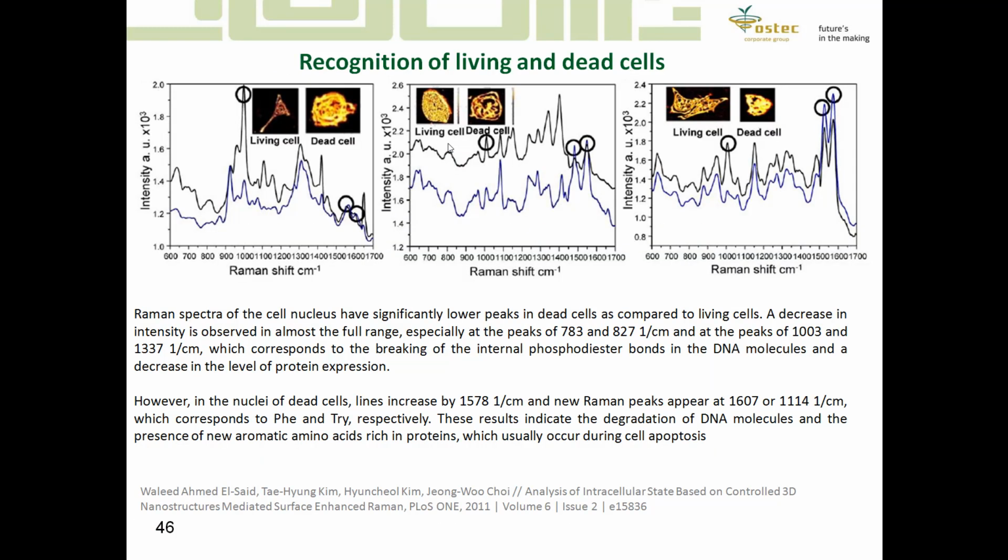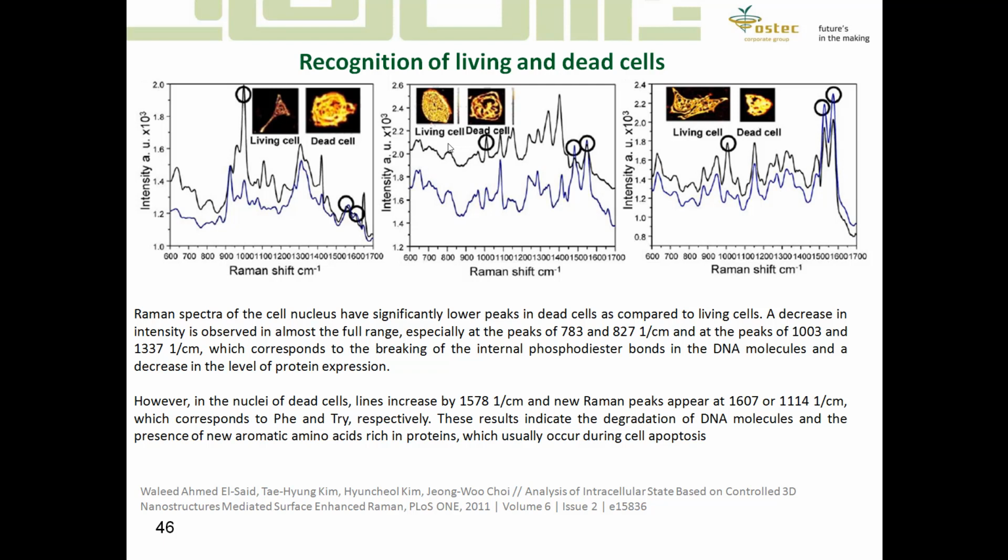So in living cells, the Raman signal is normally very weak, and we cannot apply strong excitation because living cells can be damaged by high intensity of the excitation laser. To improve the intensity of the Raman signal, it is possible to use, for example, surface enhanced Raman scattering.